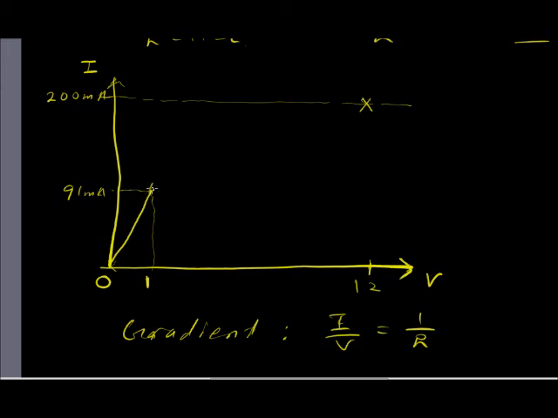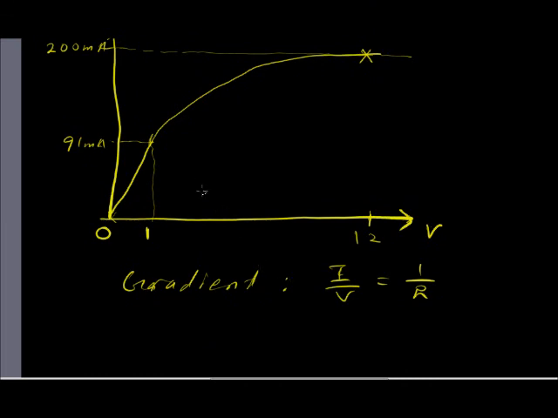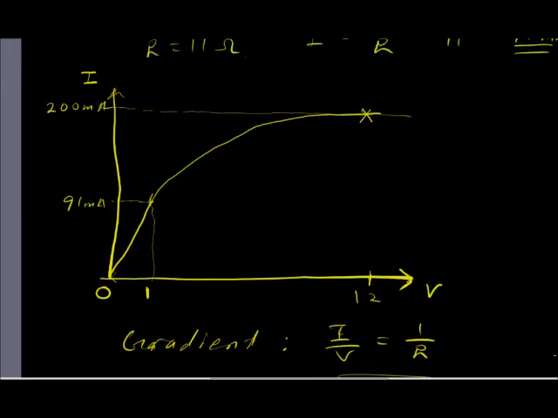So what happens is that it's going to grow like this, simply because the gradient of the curve is going to be smaller and smaller as the resistance gets larger and larger. That's all.